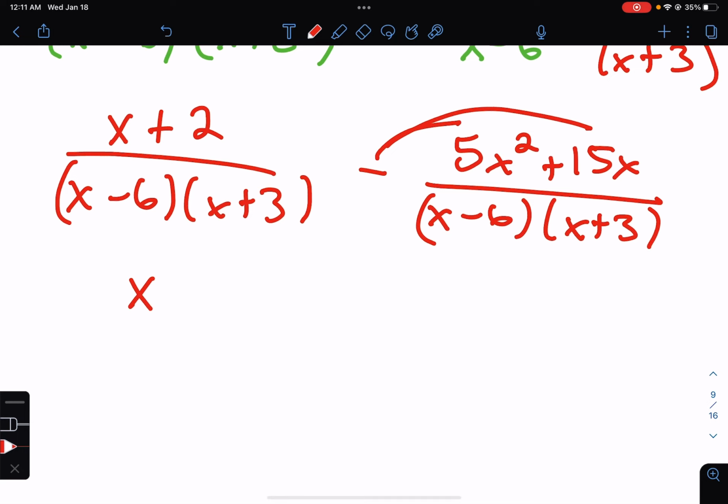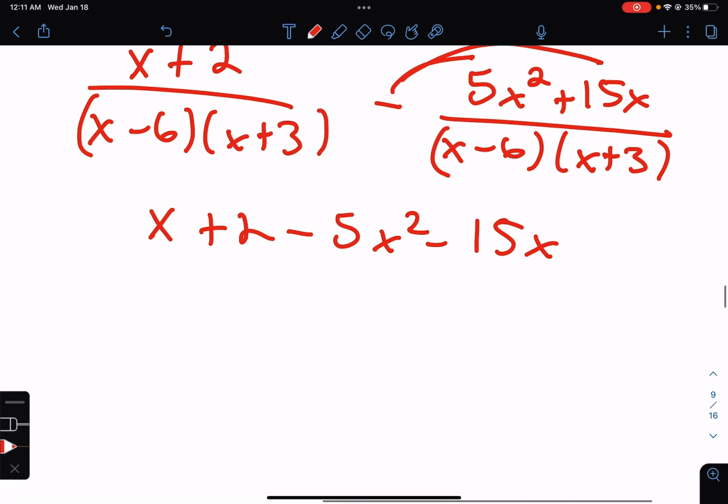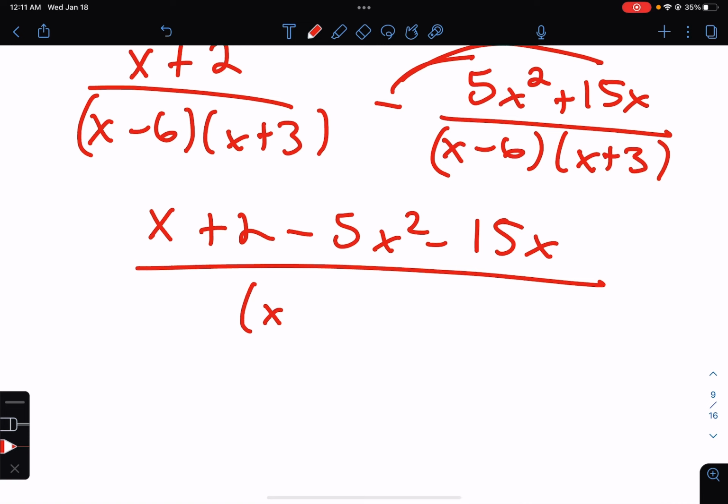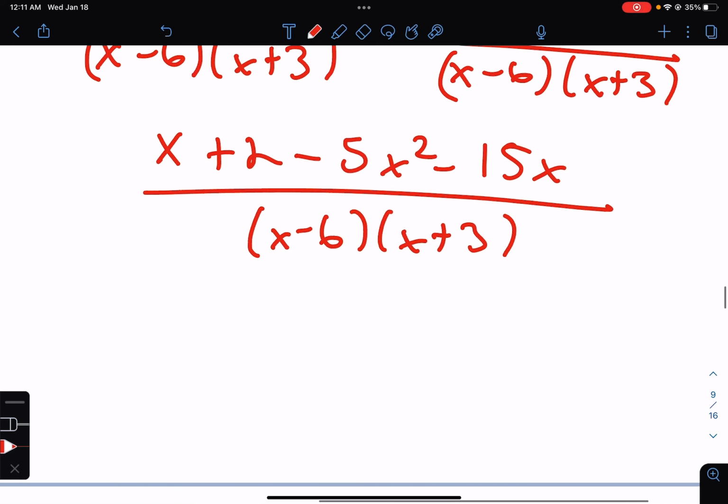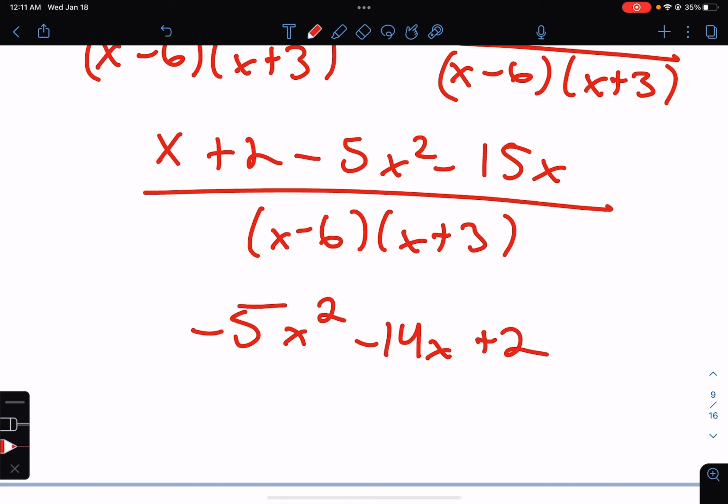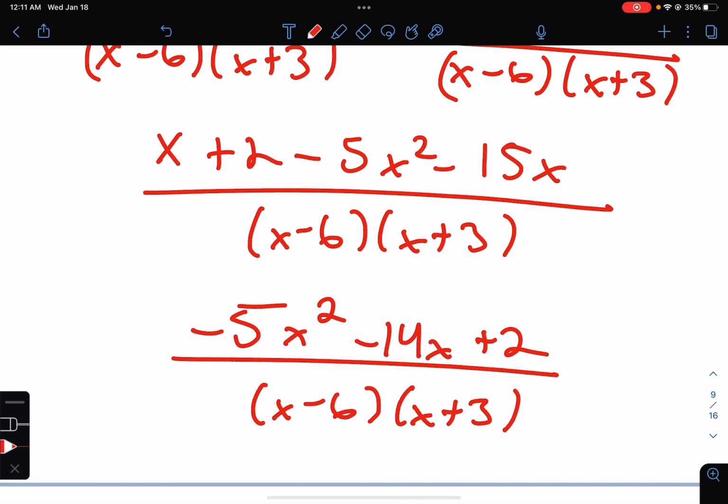So on top, we end up with x plus 2 minus 5x squared minus 15x. All right, and that's over our common denominator. Then our last step is just going to be combining like terms at the very end. So we get negative 5x squared minus 14x plus 2 all over x minus 6, x plus 3.